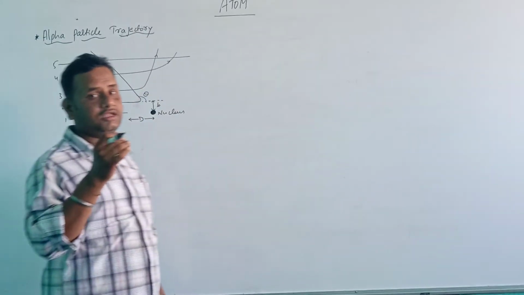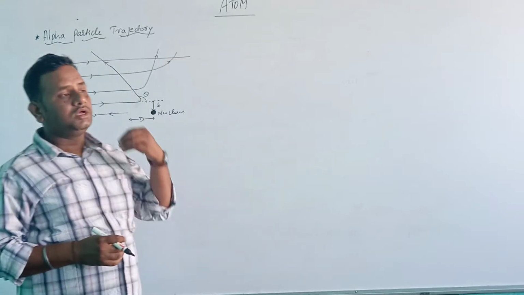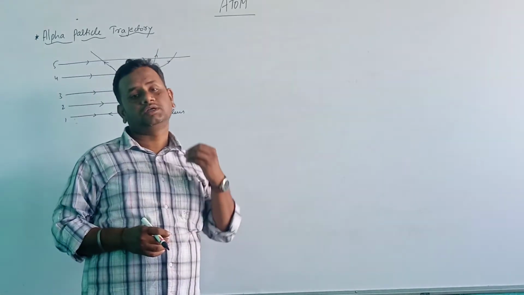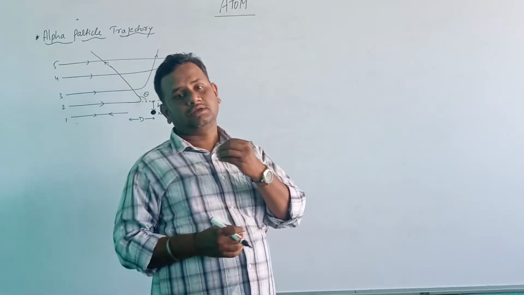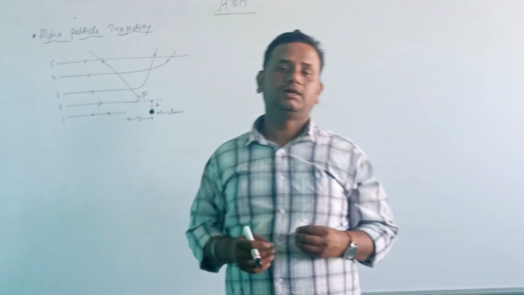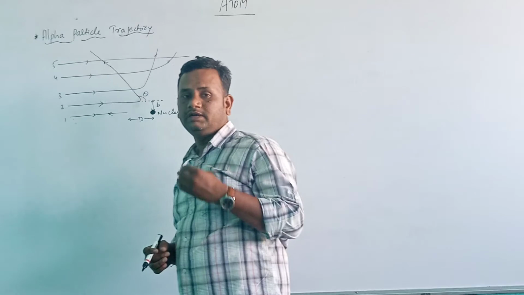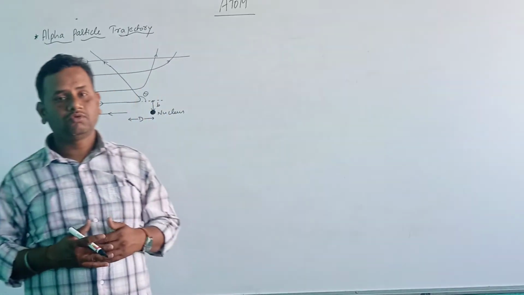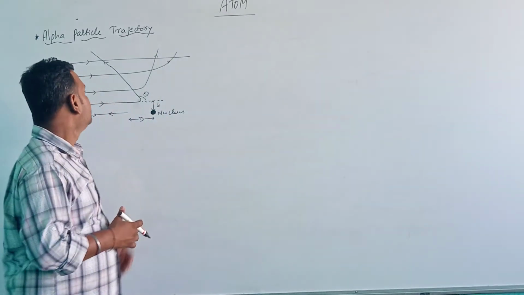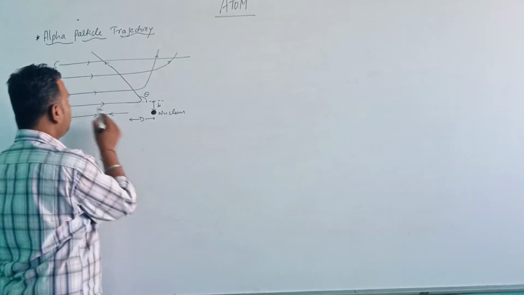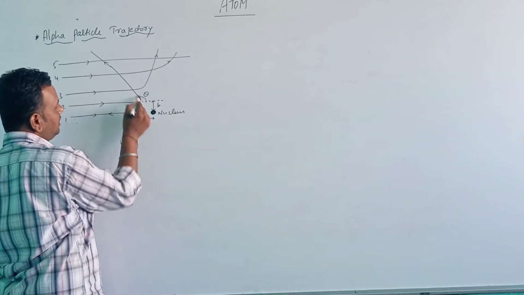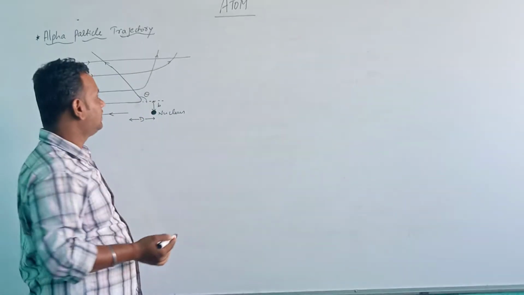There we have taken a thin gold foil, and a radioactive element is placed. From that the alpha particles are emitted and passed through the thin gold foil. It is found that many of the alpha particles travel along the straight line. Only a few of the alpha particles are scattered by more than 90 degrees.